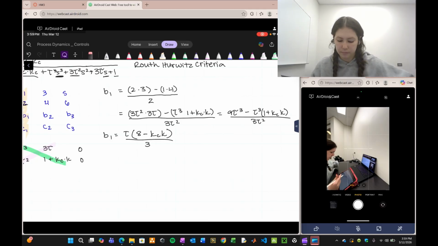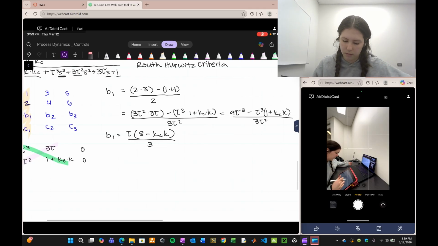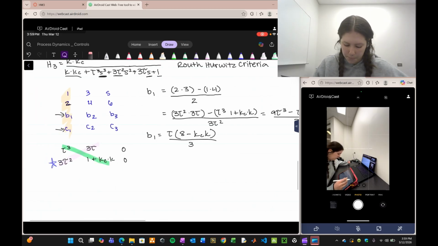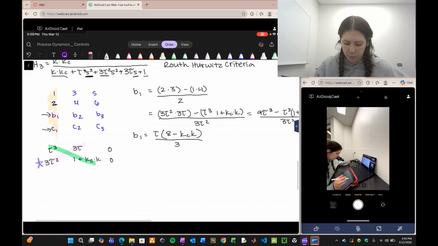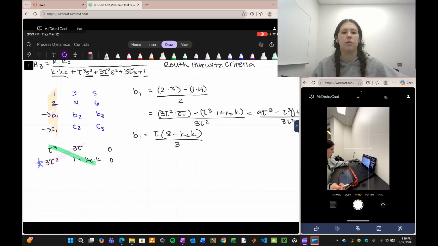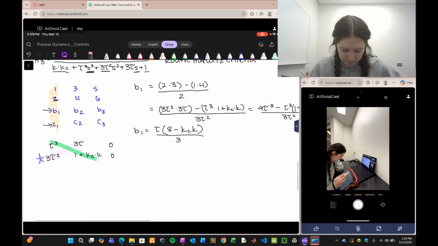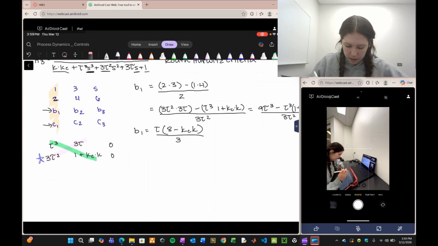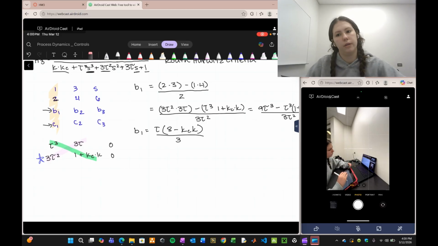Right. So now that we have solved for B1, we can now solve for B2, and then once we solve for B2, we will use B2 to solve for C1. Okay, so to solve for B2, we will have to do the diagonals a different way because it's another column over.